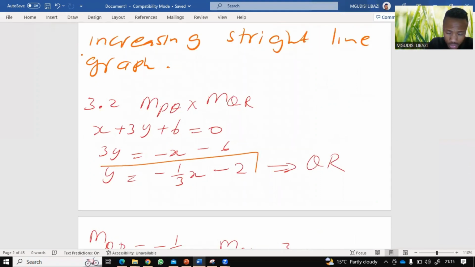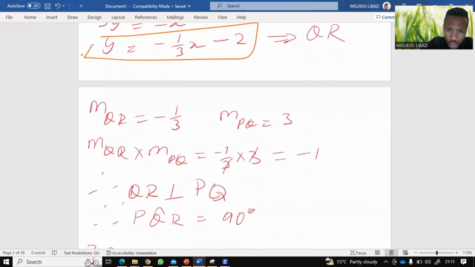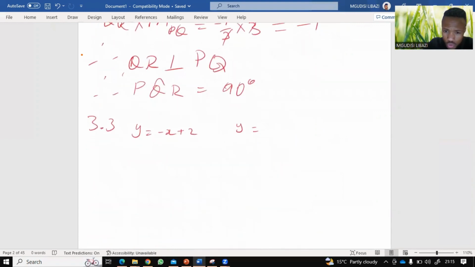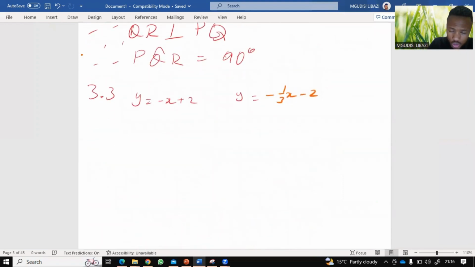This is the equation that we're going to use: y is equal to negative 1 over 3x minus 2. So we're going to equate those graphs because they intersect. We're going to say negative x plus 2 is equal to negative 1 over 3x minus 2.